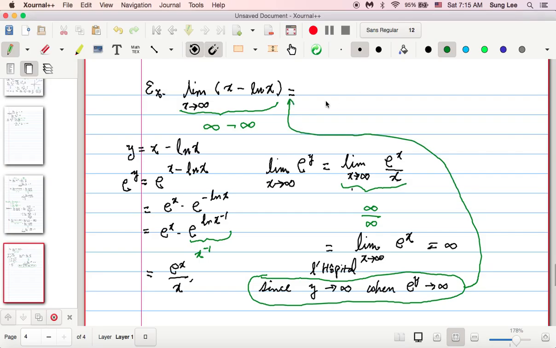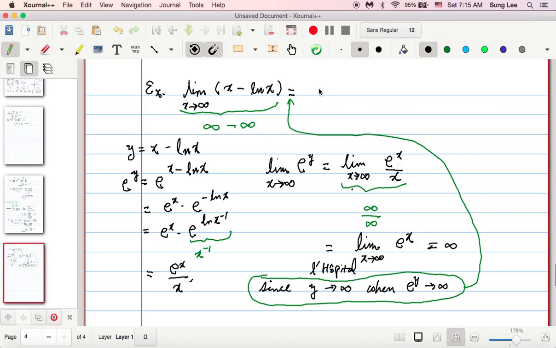So that's the reason. Actually, I should have written this down here, but that's okay. Oh no, I'm sorry, I don't have to write anything further. But this is going to be infinity.